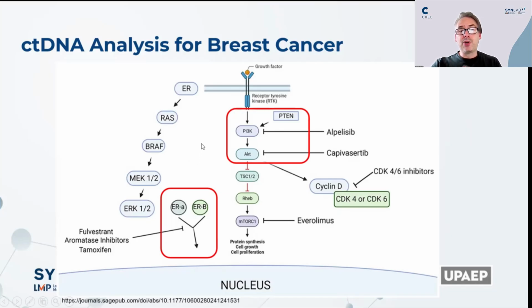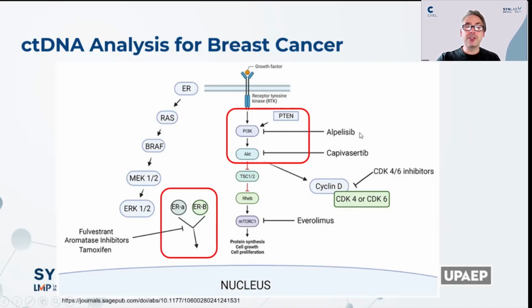But there's also use for PIK3CA, and now we also have AKT and PTEN for these PI3 kinase pathway inhibitors.